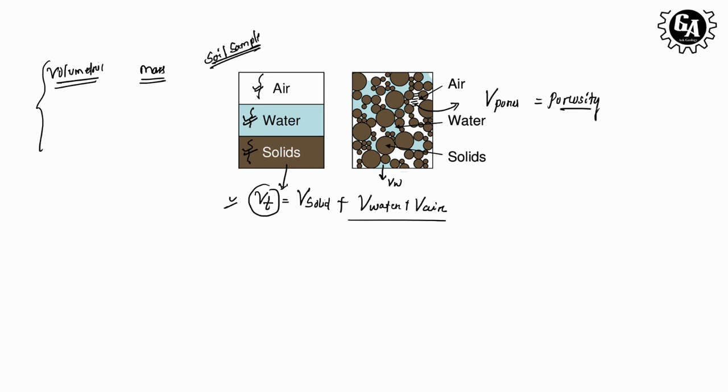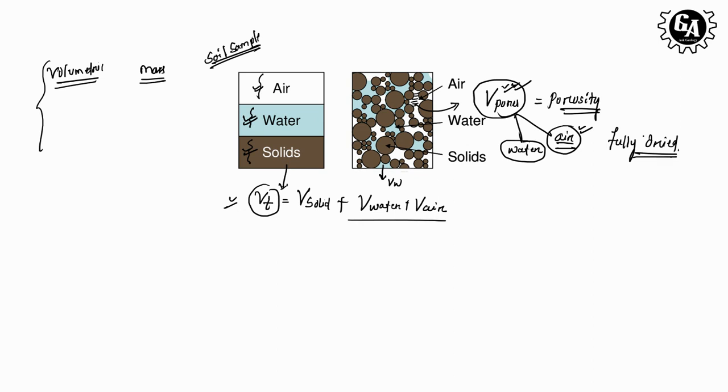This total volume of pores may be filled by water, or they may contain nothing, that means only air is present. So if no water or no liquid is present, then we will call it fully dried.